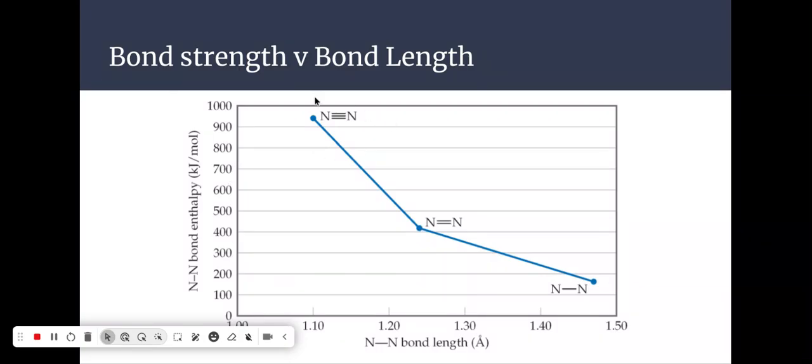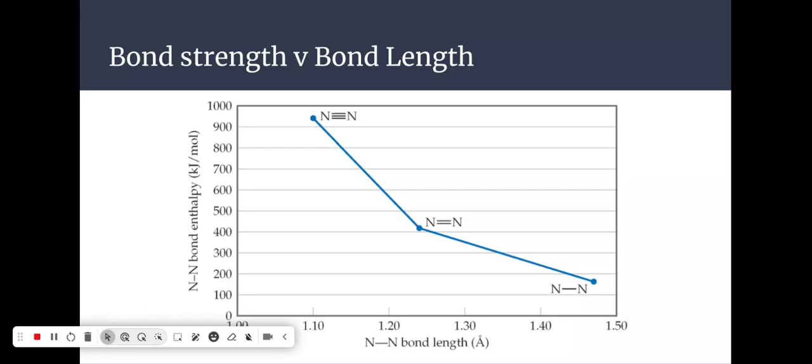Right here we have a nitrogen that is connected by 3 bonds, and the triple bond between the nitrogens has the shortest bond length. This is because in a triple bond, the 3 bonds combined pull the nitrogens closer to each other, and because they're stronger, this causes the bond's length to be shorter in triple bonds than in double or single bonds.